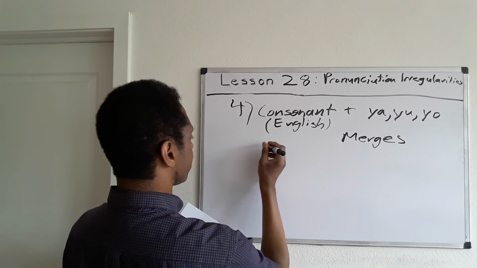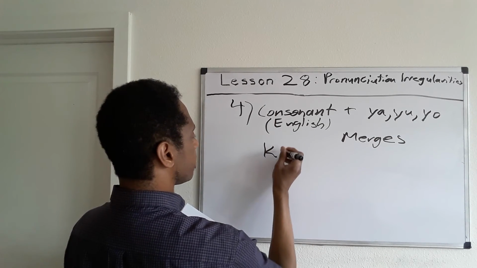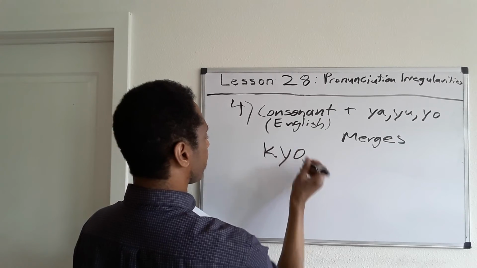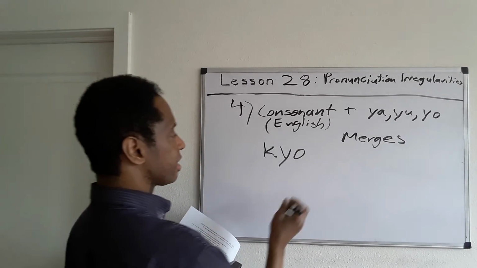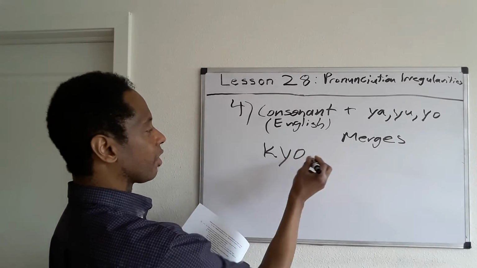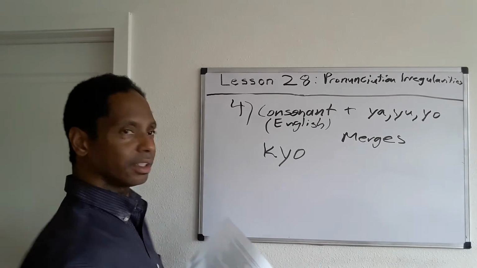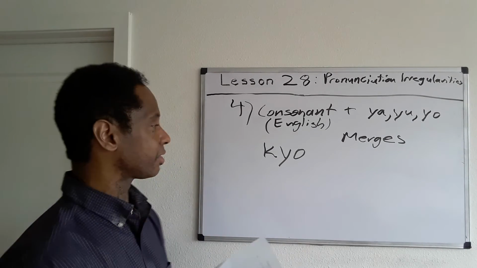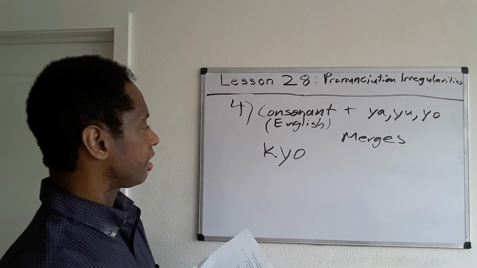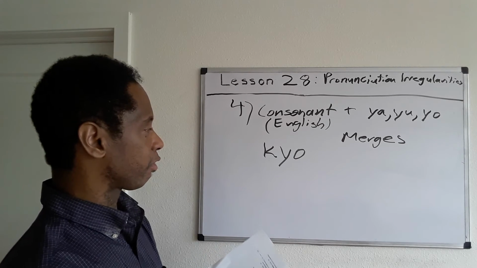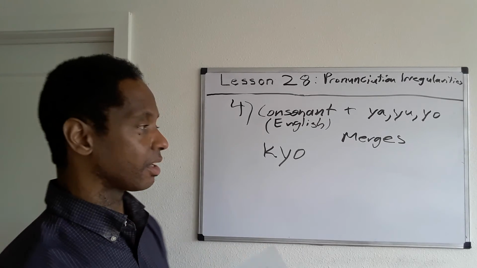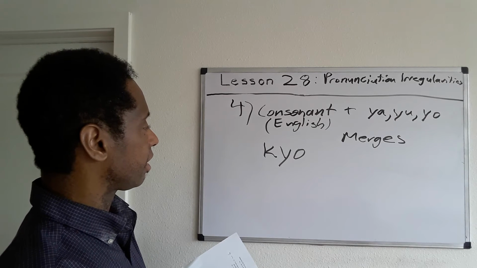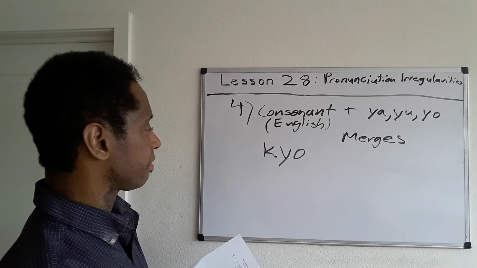Okay, so for example, if you see kyo, okay, that means k-yo, you know, you just kind of sound it out type of thing. It's written a little different in Japanese, so we're not going to go over that.